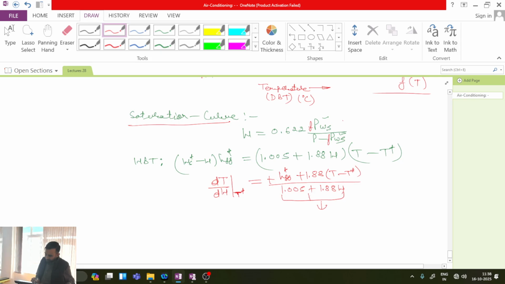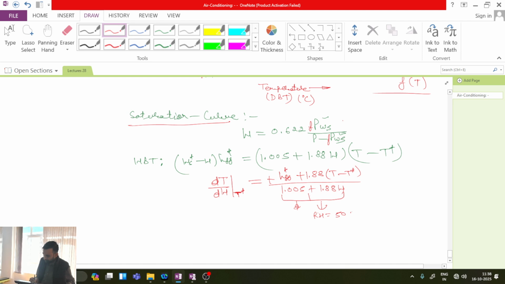Typically, for calculating humid specific heat at standard temperature and pressure conditions, relative humidity is considered 50%.